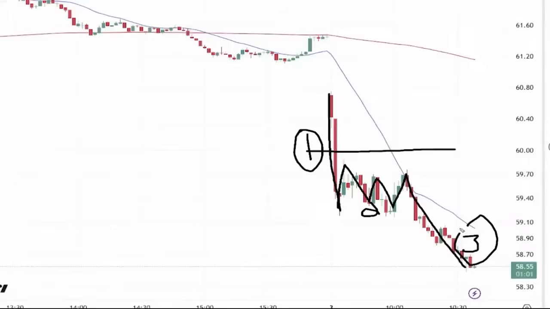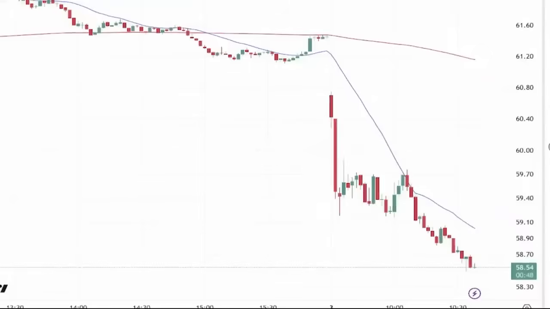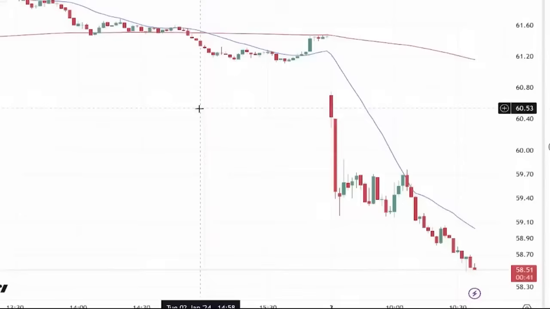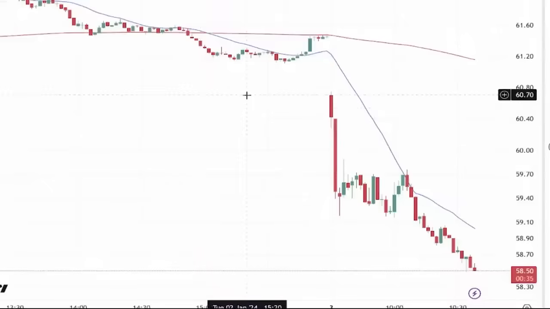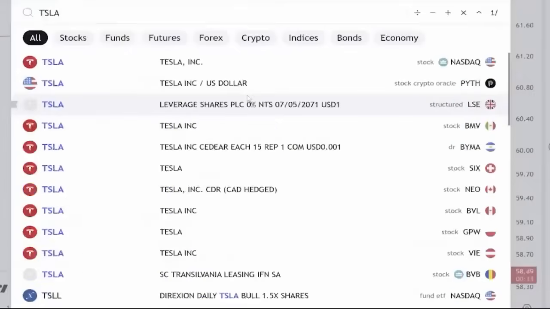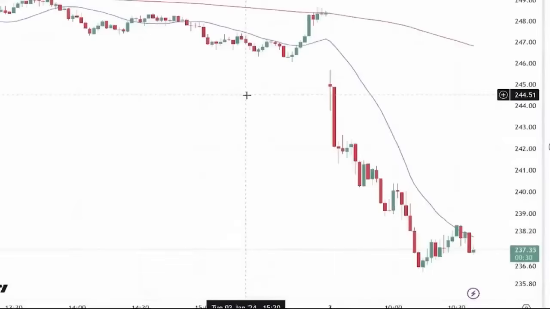All right. Beautiful. Now, with that being put in place for us, I do want to cover my trade, and then we're done for this session. I want to cover Tesla.